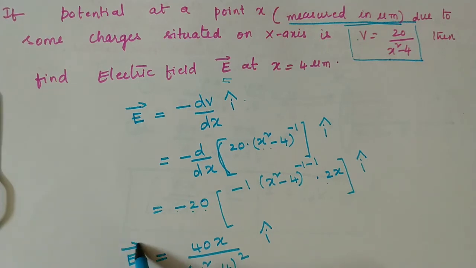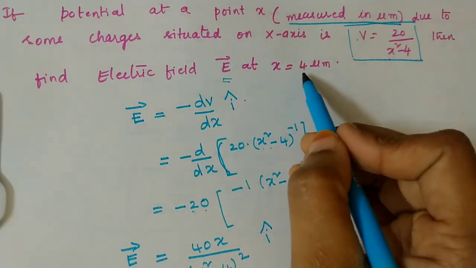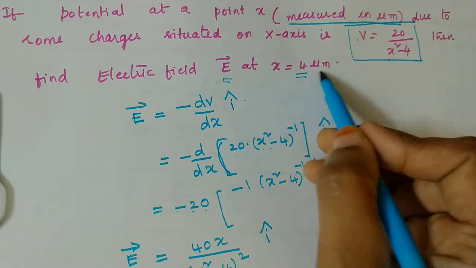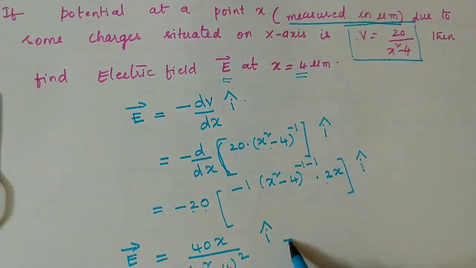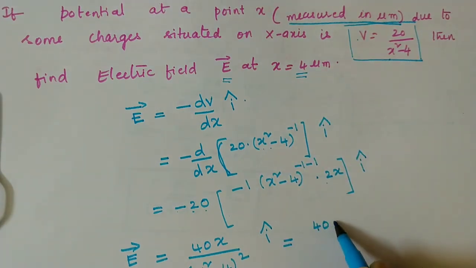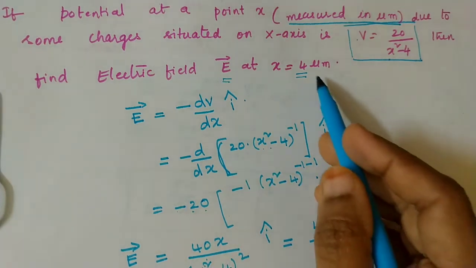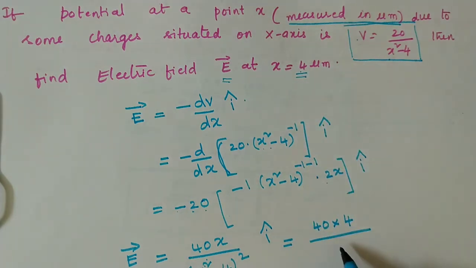Now you can put the value of x. They are asking you to find at a distance of 4 micrometer. So when you substitute the value of x, it is 40, x is 4, I will leave it in micrometers, divided by x square, 4 square is 16 minus 4, that is 12, whole square.